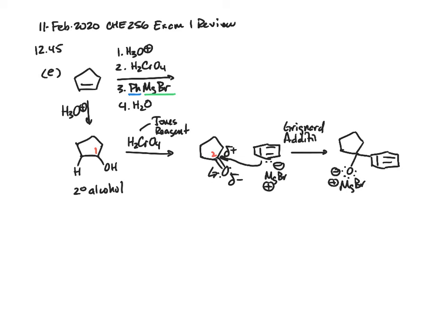The key word there in the mechanism is addition. It's a nucleophile adding to a pi bond. Then the last step with water is just the protonation, so an acid-base reaction. So you're ending up with a tertiary alcohol.